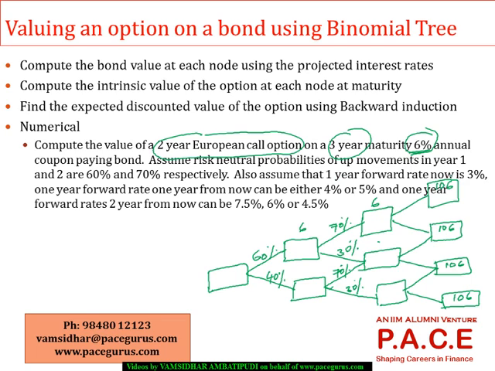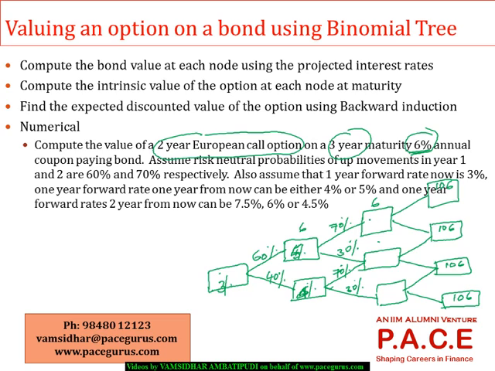Assume that the 1 year forward rate now is 3%. So this interest rate is 3. And the 1 year forward rate 1 year from now can be either 4% or 5%. And the 1 year forward rates, I'll take here 5 and 4.